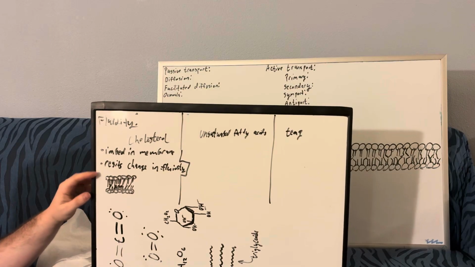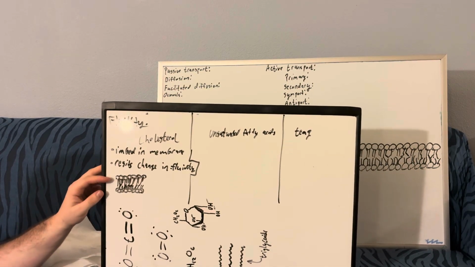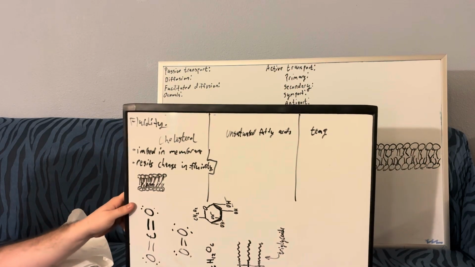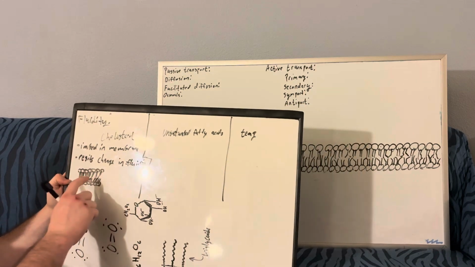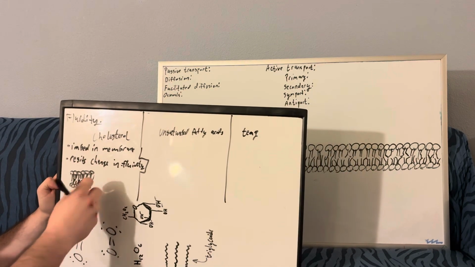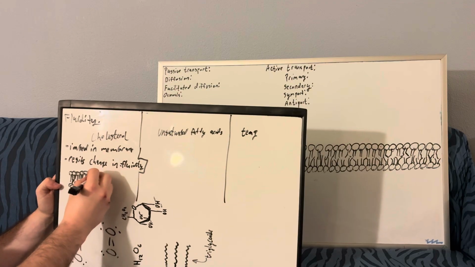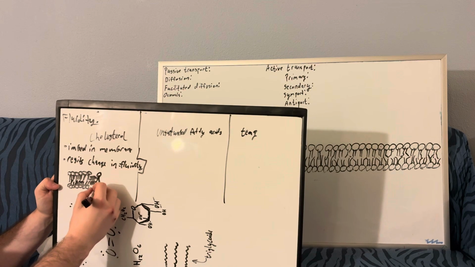The cell membrane is going to lose fluidity. It's going to become more static because these phospholipids don't have space to move around. What cholesterol can do in this situation is it can jump right in here. I'm just going to use the last one as an example. Cholesterol can jump in here and force a little bit of space.